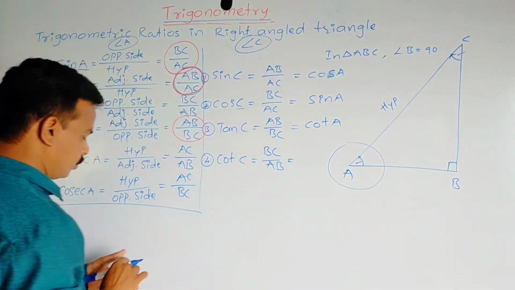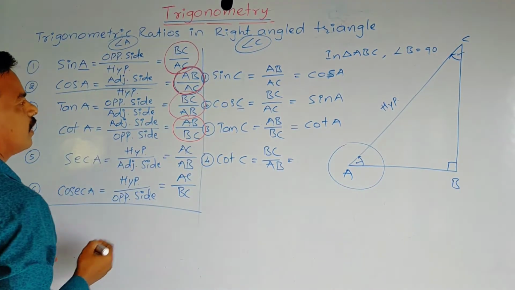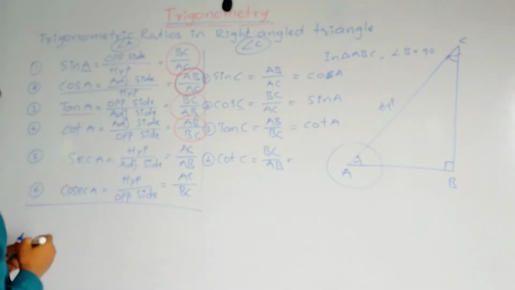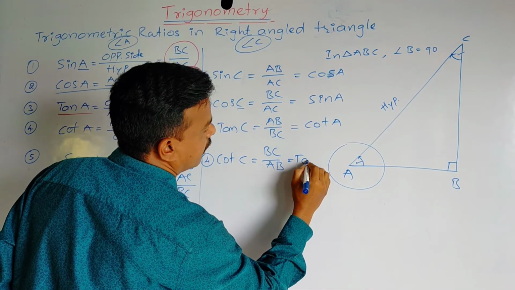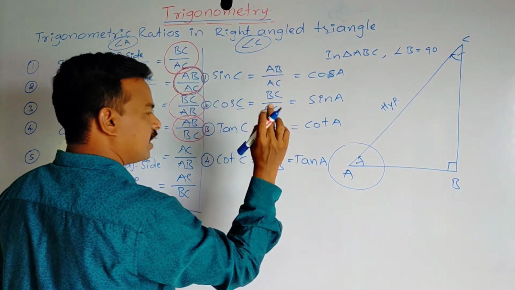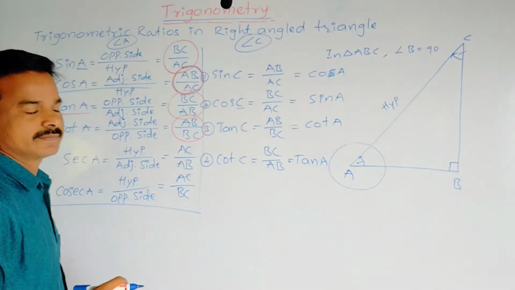So you see this one, BC by AB is this one. That means it is tan A. So its value is tan A. That means cot C is equal to tan A, and cot A is equal to tan C. Okay.